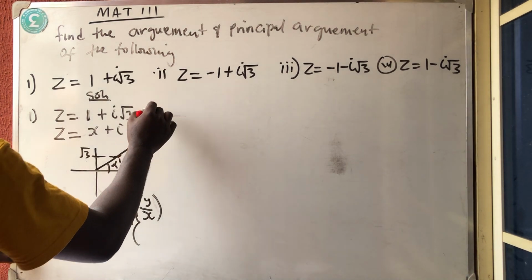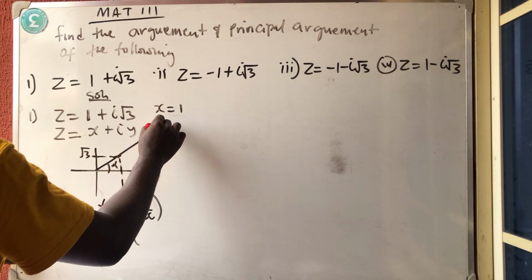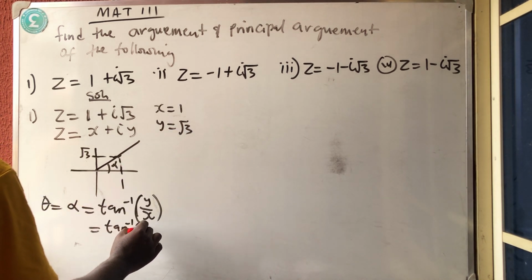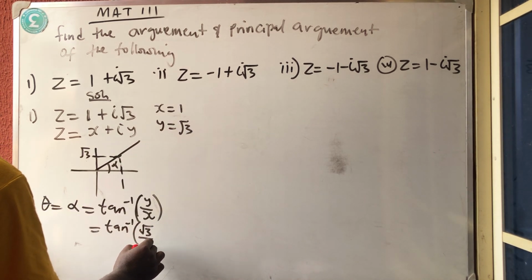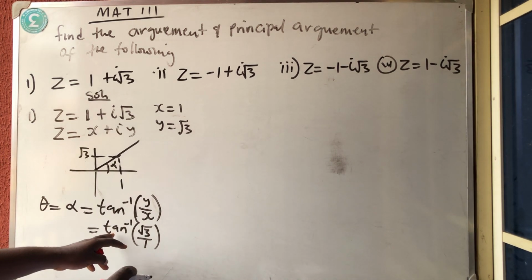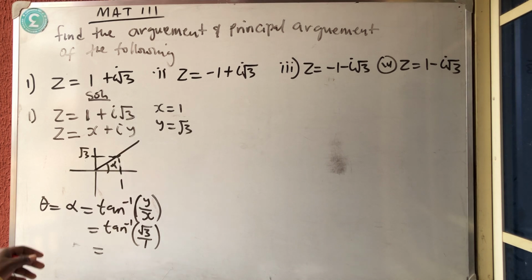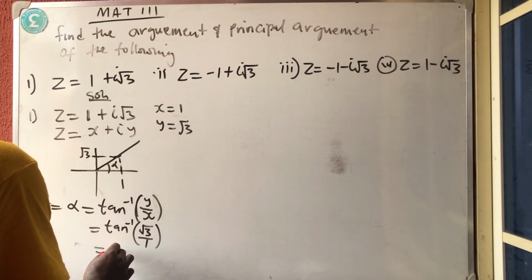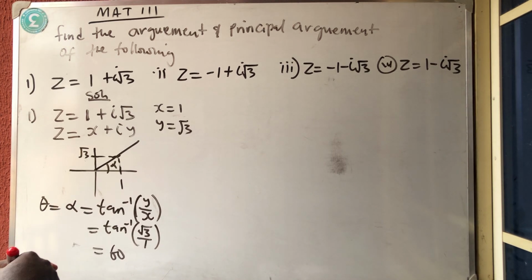My x is equal to 1 and my y is equal to root 3. So I'm having root 3 over 1, which is root 3. So tan inverse of root 3, what gives us root 3 is 60. So tan inverse of root 3 is 60. So my principal argument is 60.